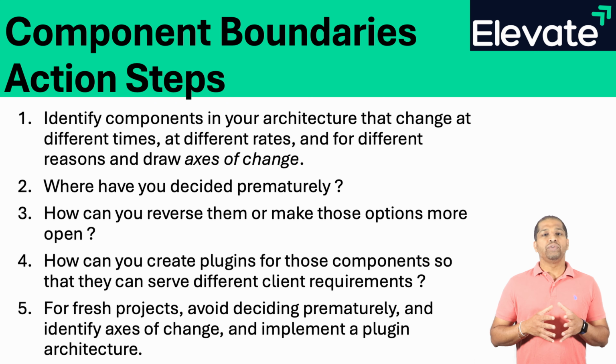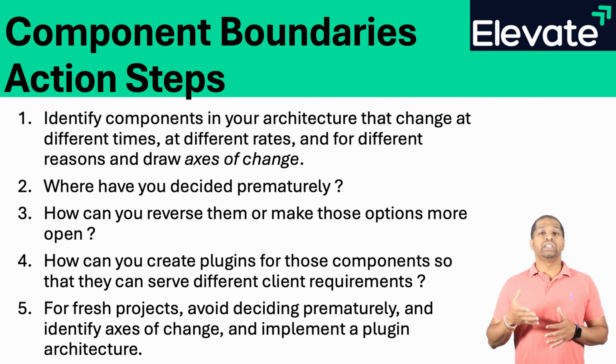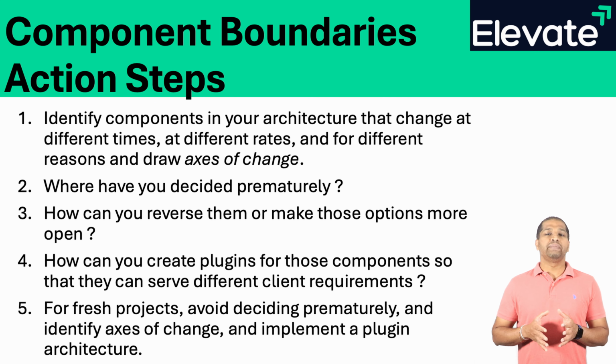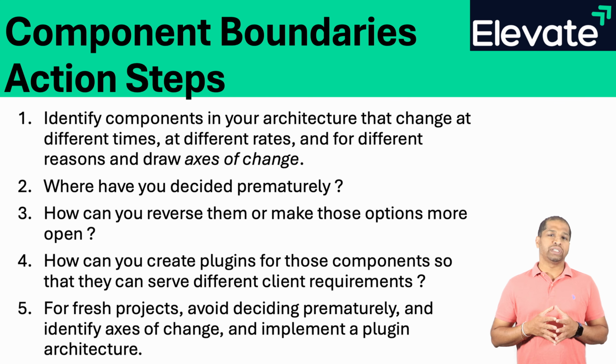Next, where have you made decisions prematurely? Maybe you picked a relational database because that is what you used in a previous project, while database requirements were not yet fully finalized. Then you can see if you can reverse any of those decisions to keep those options open. This will help you save time and effort in implementing future business rules changes, keeping them independent from database.